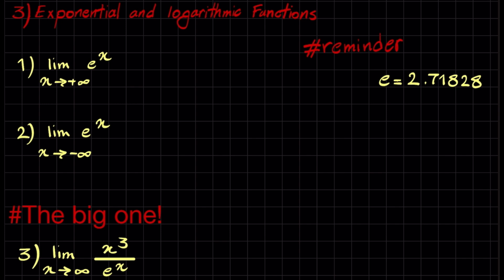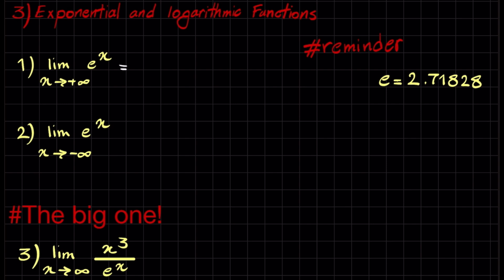Now for the last part, we're going to take a look at exponential and logarithmic functions. As a reminder, I just wrote down the e number. It's 2.71, but I added a little bit more. It's not necessarily needed, but there we go. For the first one, the limit of e to the power of x as x approaches positive infinite.